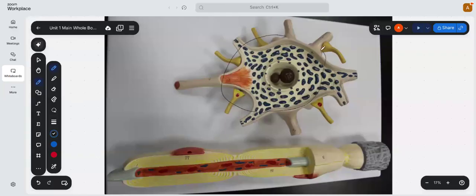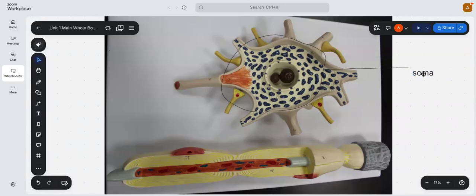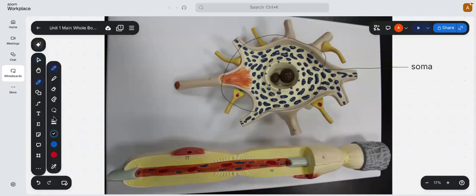So this whole region over here, this is going to be your soma, or the cell body, in other words. And then you have all of these little projections that are coming up off of it.